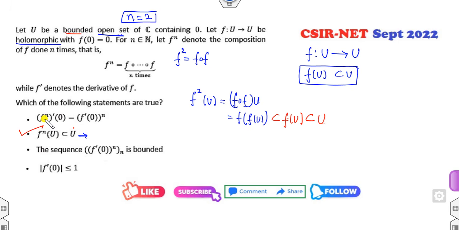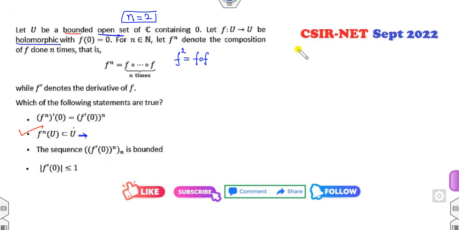Look at the first one. What is the f circle derivative? So remember how you can take the derivative of a composition, like g circle f. That means g of this part. If I call this my h, how you can find the derivative of this? So that means g dash of f(x) into f dash of x.